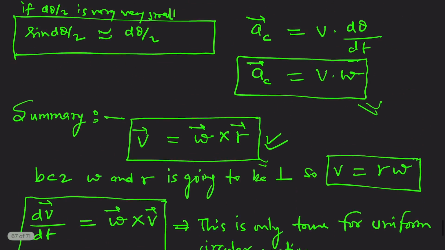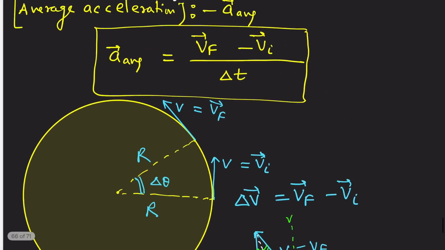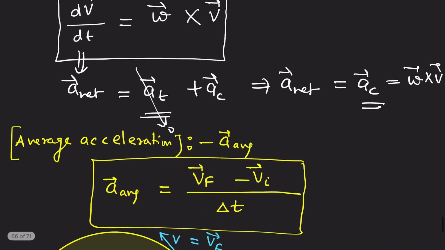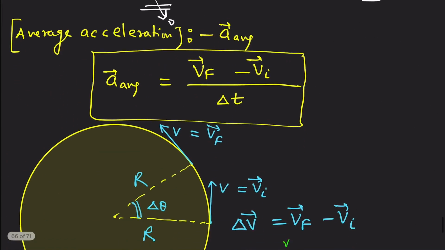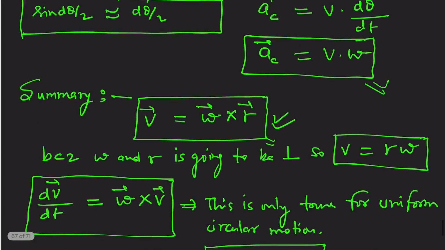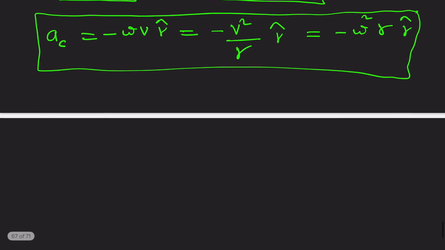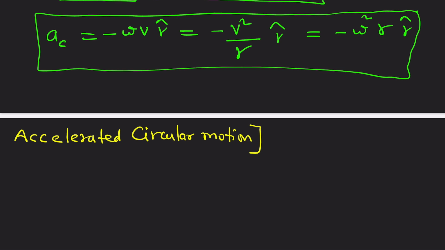Now this is about uniform circular motion. We have discussed all the things in very much detail. After this, in the next lecture, I am going to discuss accelerated circular motion. Of course, after one to two lectures we will be ready enough to take some illustrations or problems in this chapter.